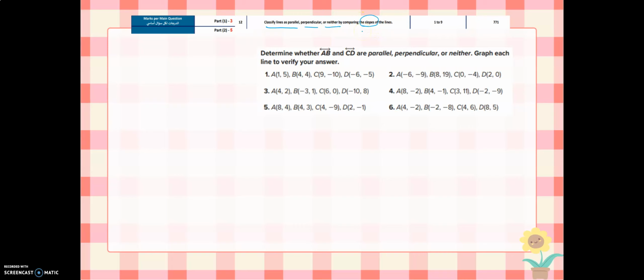Here, for example, we are comparing two lines: line L and line M. We are going to see whether the two lines are parallel, perpendicular, or neither.